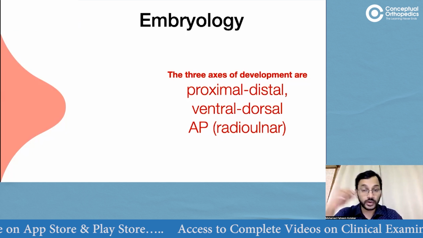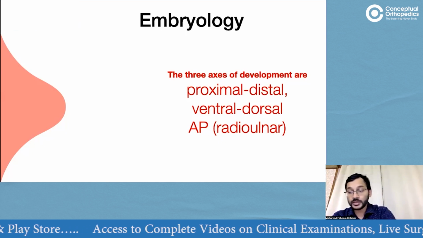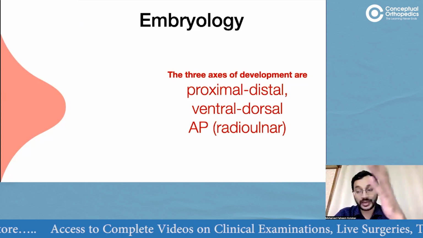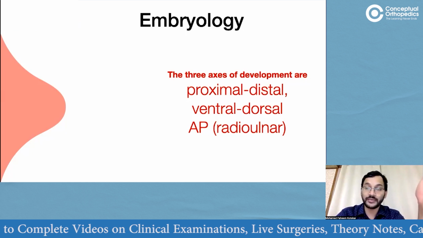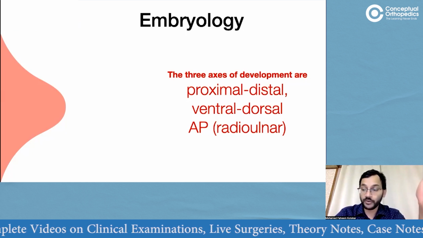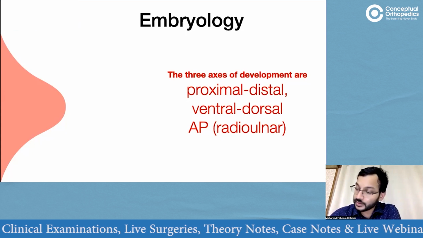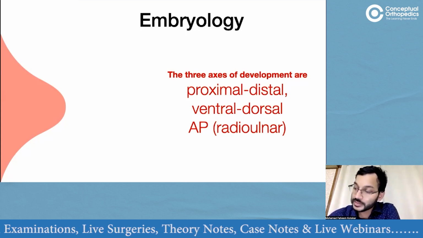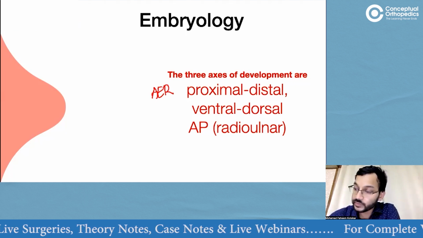For different developments, we have different proteins. Of course, there are different structures called the apical ectodermal ridge and the zone of polarizing activity, which we will not delve into in a lot of detail.